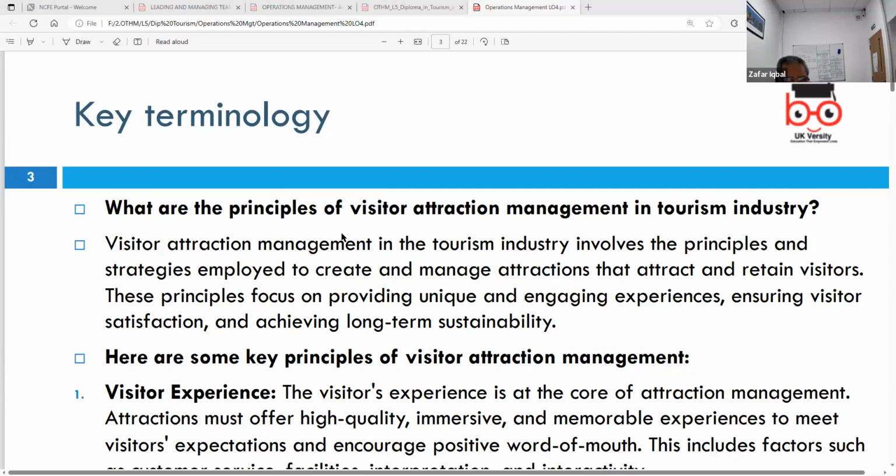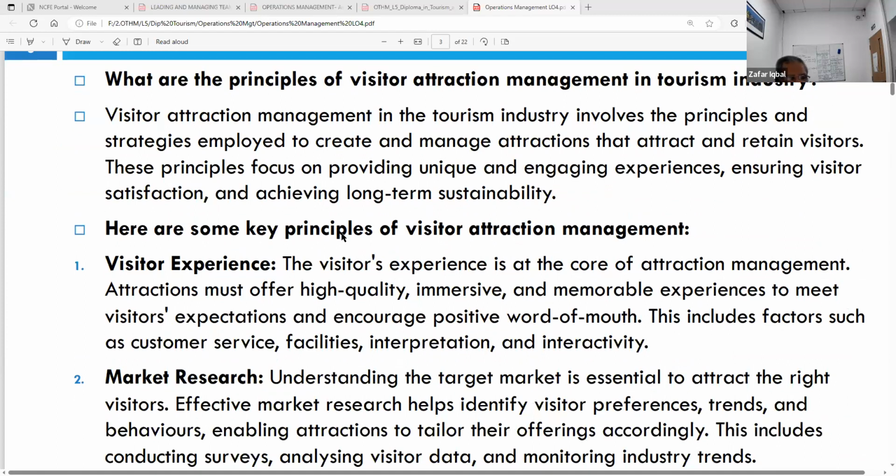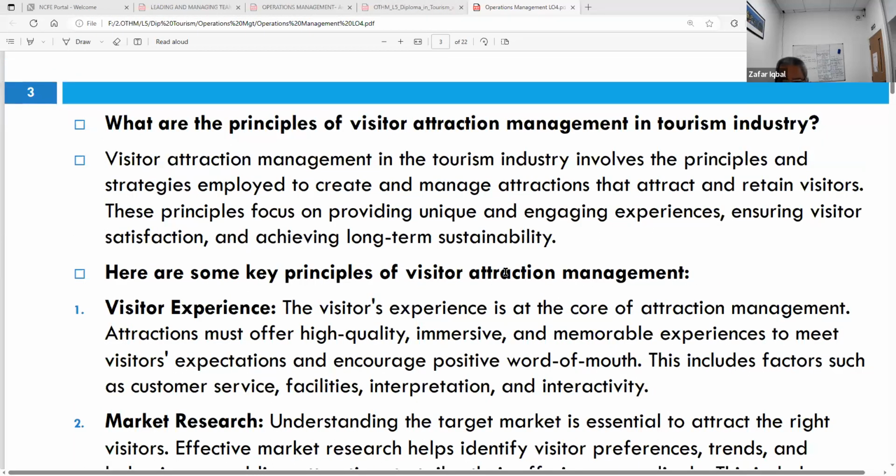We're talking here about visitor experiences. How do people know that there is a visitor attraction there, and what do they do? What kind of experience will they get? Would that experience encourage them to come back again, or tell somebody else to come and have a look at it?